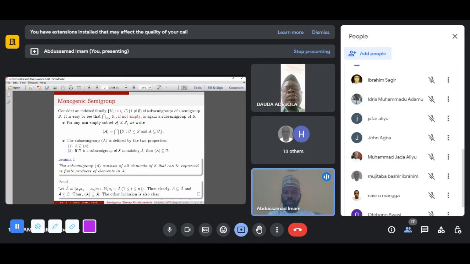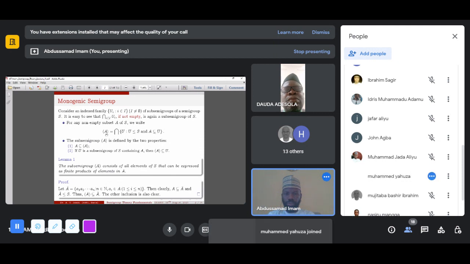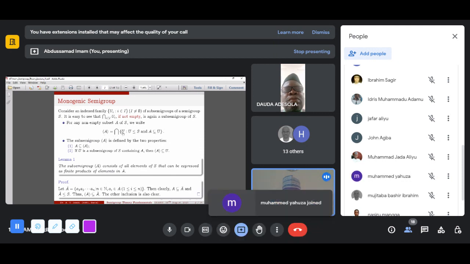Then if you take the intersection of that family, it will always be a sub-semigroup. The intersection of the family of sub-semigroups containing A is the one we denote by A with angle brackets. It is defined to be the intersection of all sub-semigroups of S such that A is contained in the sub-semigroup. This is the one that we refer to as the sub-semigroup generated by A.